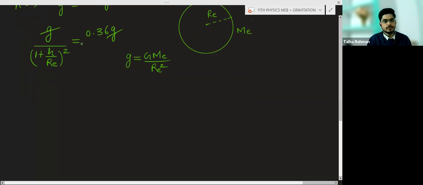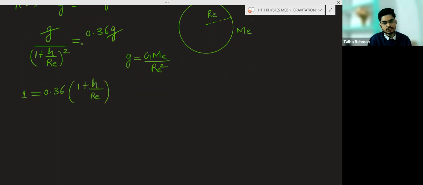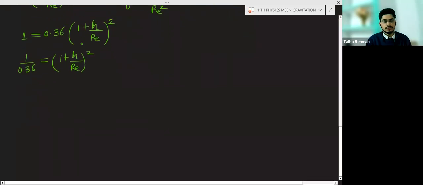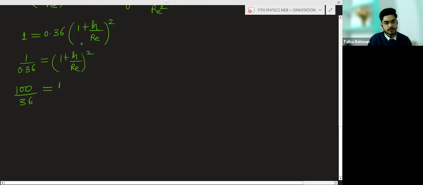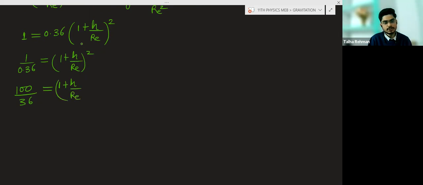So you will have 1 divided by 0.36 equal to (1 plus h divided by Re) whole square. When you remove the decimal point, it becomes 100 divided by 36 equal to (1 plus h divided by Re) square.